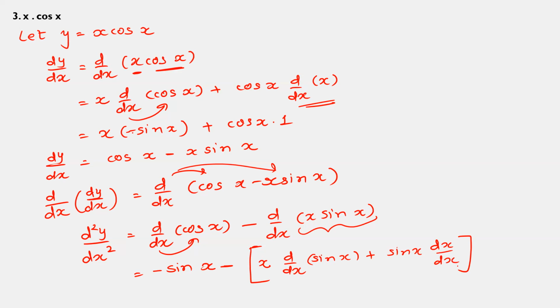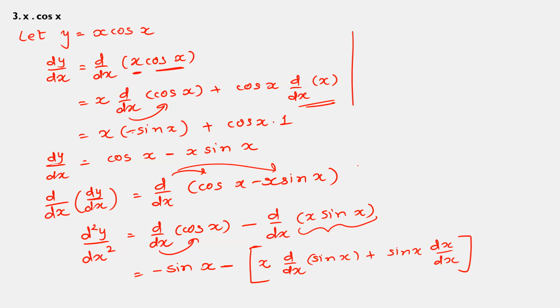So that means d2y by dx2 is equal to minus sin x minus, I can see d by dx of sin x is cos x. So x cos x was there already.